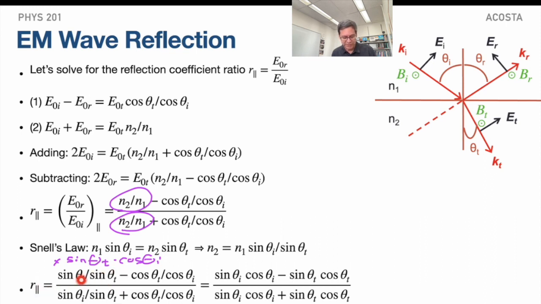So I'll get sine theta I times cos theta I here, and then over here I cancel the sine theta T and have sine theta T cos theta T. Likewise in the denominator it's the same thing, but the minus turns into a plus.